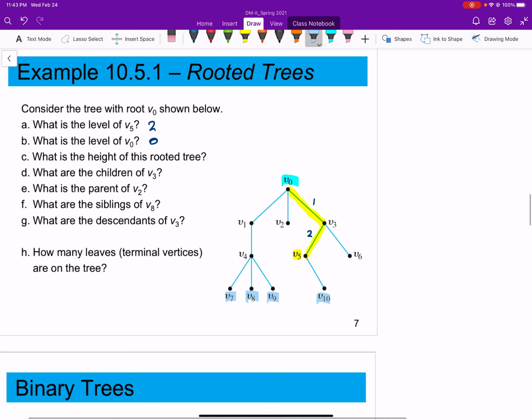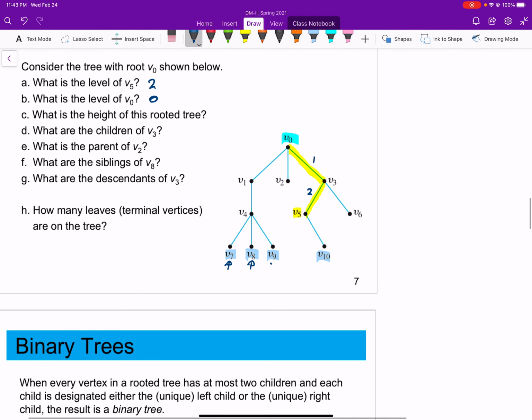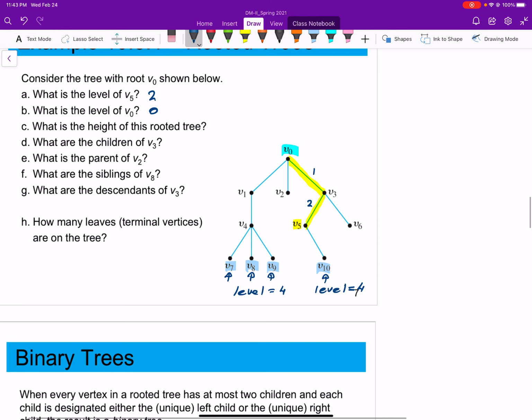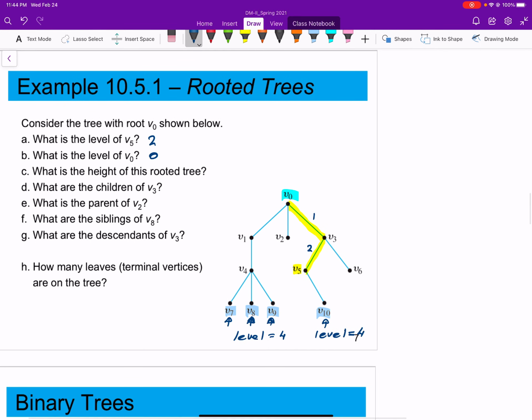All are having level 4. Let me write it here. Level equal 4. The height of this rooted tree is 4.